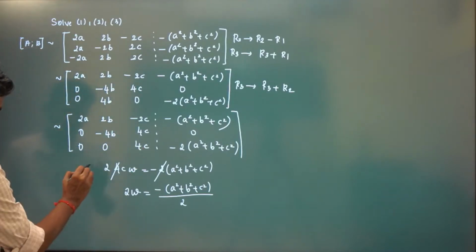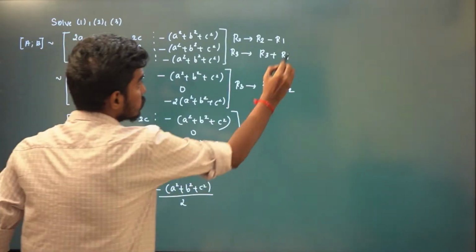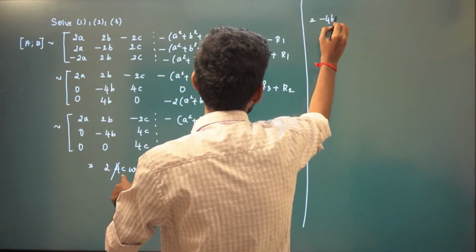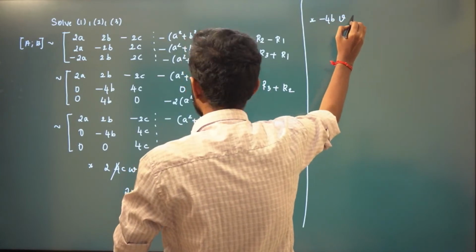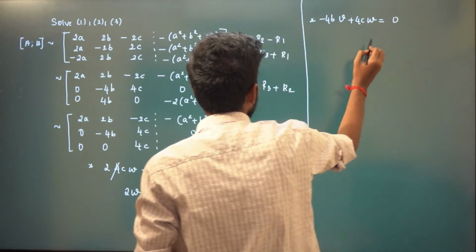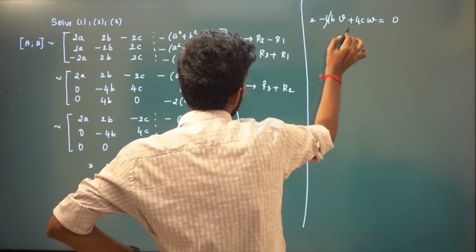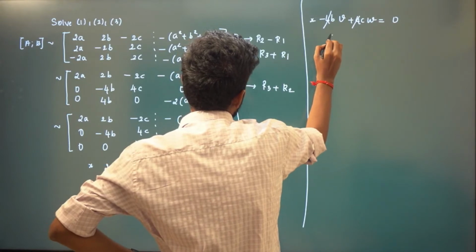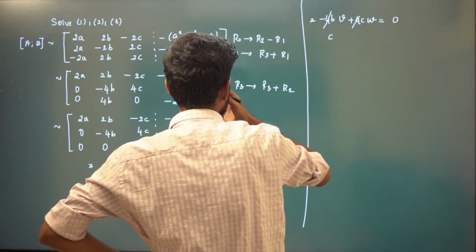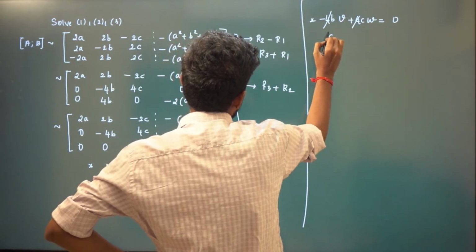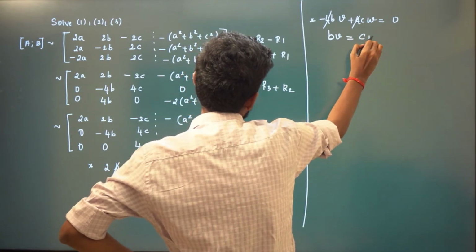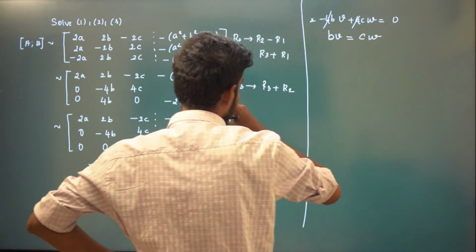Now solve this equation. You will have minus 4bv plus 4cw is equal to 0. So let us keep this 4. We need to find v, right? Okay. So we will have bv is equal to cw, right?